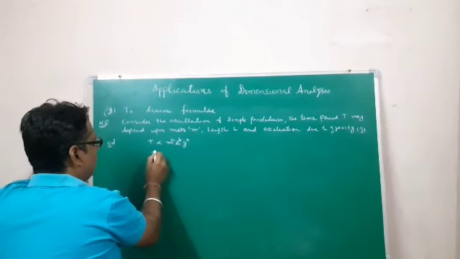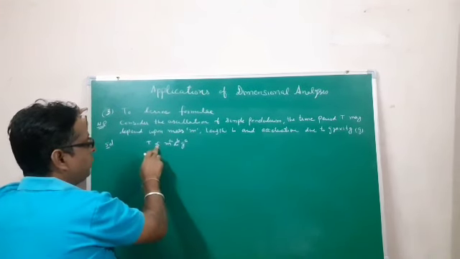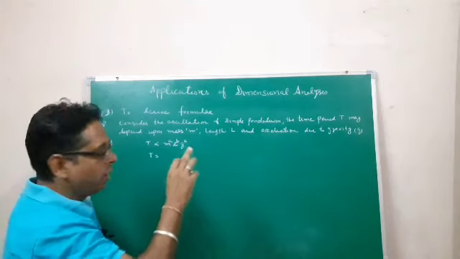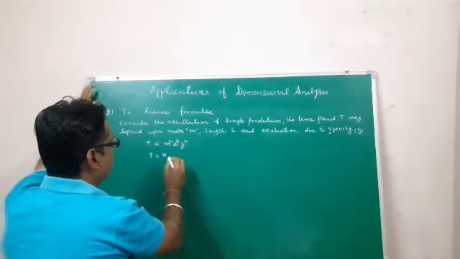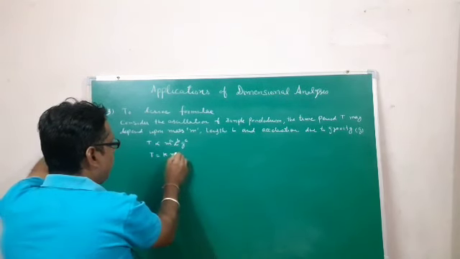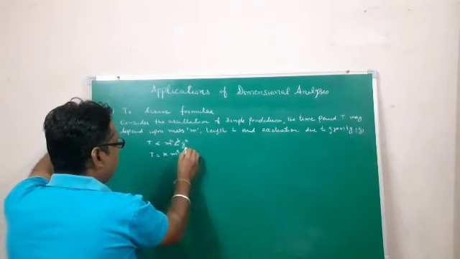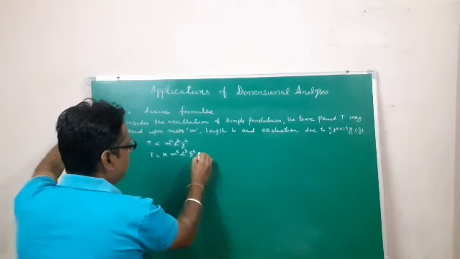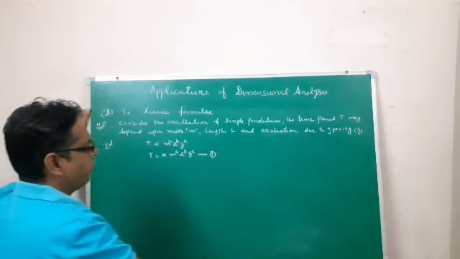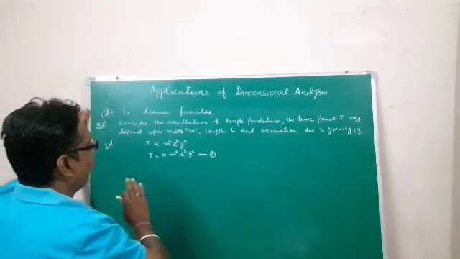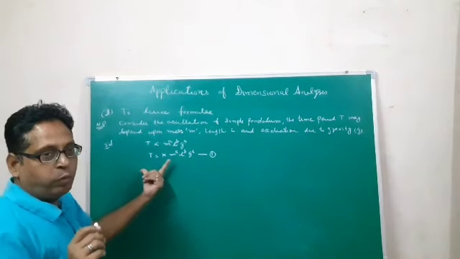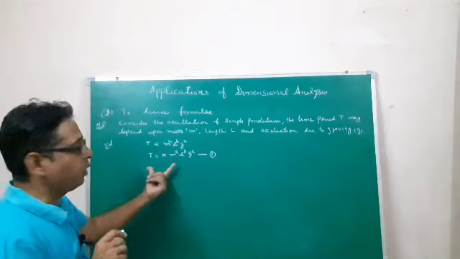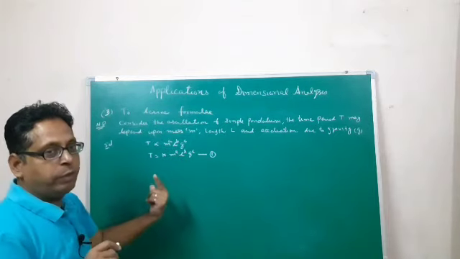This is proportional; if I remove this, I will insert any constant. So T equals k, m raised to power a, l raised to power b and g raised to power c. This is equation number 1, right? So what I am to do, I will write the dimensions on both the sides; according to the principle of homogeneity, both the dimensions will be equal.